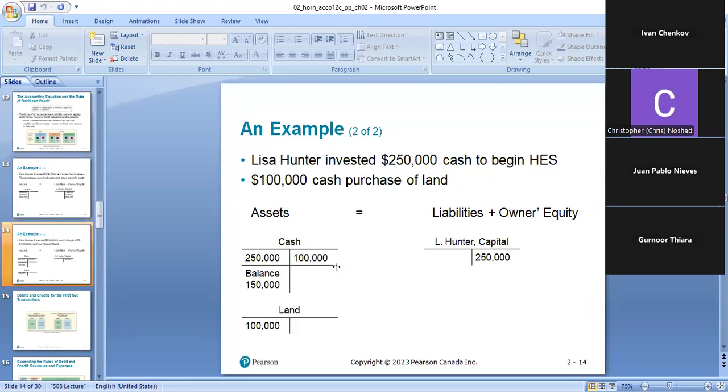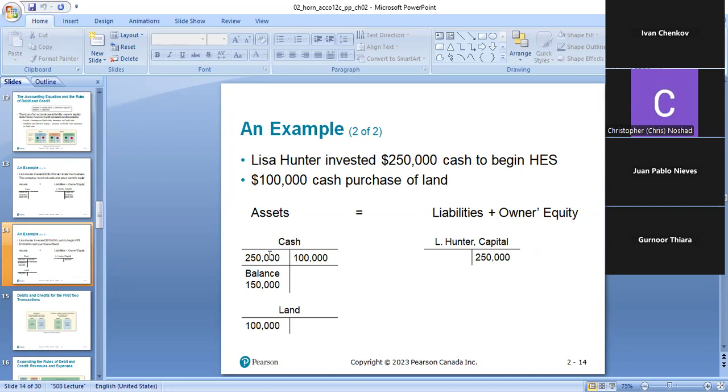Then, again, the cash is cash. We cannot use it, but we want to purchase land. To purchase the land, we're going to use the cash. So now one asset is going to convert to another asset. The cash is going to convert to land. So the cash is going to go down on the credit side, and land is going to go up on the debit side.